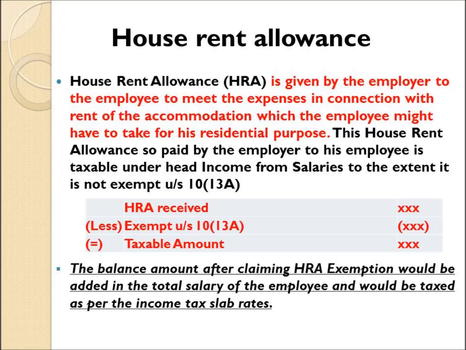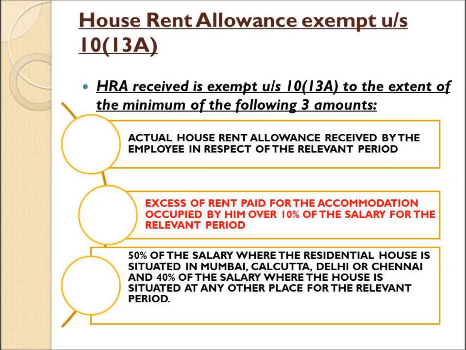So it is obvious that if I am deducting the exempted part of HRA from the total HRA received, the balance taxable amount will be added up in the total salary of the employee and would be taxed as per the income tax slab rates. So now let us see how this exemption of HRA is calculated. House rent allowance exempt under section 10 subsection 13A.